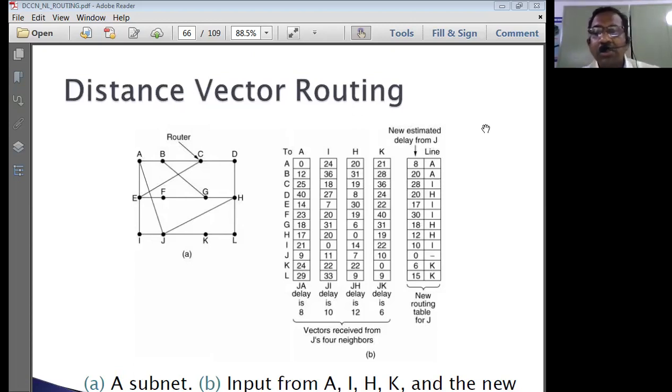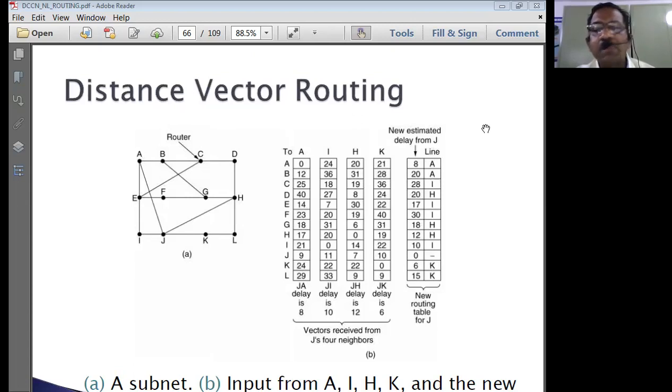But in dynamic routing, definitely there is going to be an overhead. What is the overhead you're going to have? Handshaking overhead is definitely going to be there. So configuration, that means it's going to take some time for configuring the routing table, and overhead bits are also going to be more in the case of dynamic routing. The time delays are also going to increase.